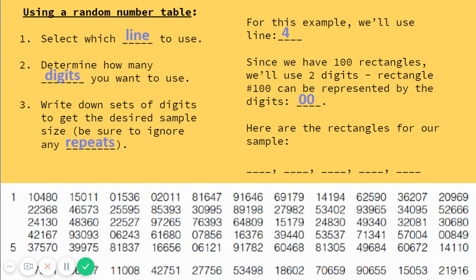So here, the rectangles we would choose are 42, 16, 79, 30, and 93. We also notice that the digits may be grouped by fives, but that is only to make it easier to read. It has nothing to do with the way we use a table of random digits to choose random individuals.